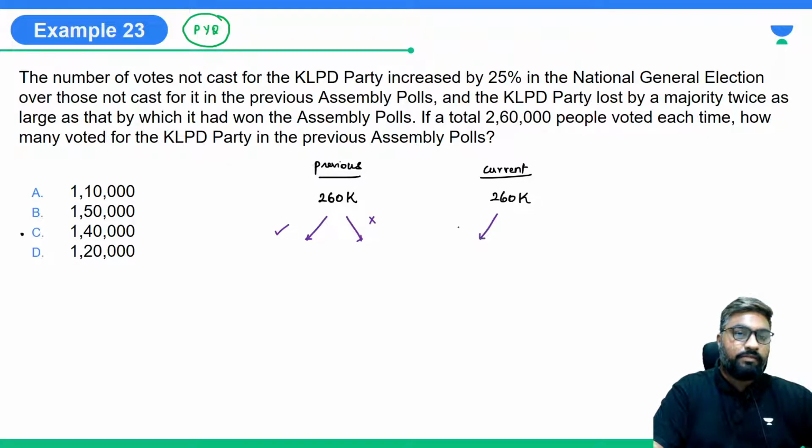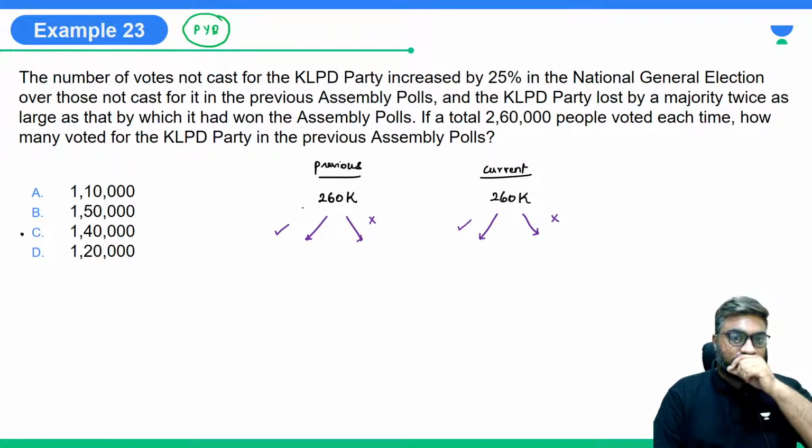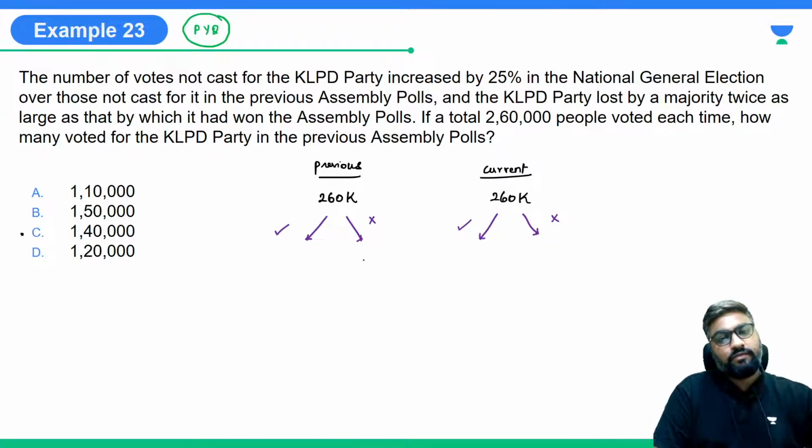Same way, number of people voted for this party, number of people not voted for the party. They're saying the number of votes not cast for the party increased by 25%. So if I say this is 4x, because 25% is increasing, right, so we take this as 4x. Yes, and here what will happen, 25% increase, so 5x.